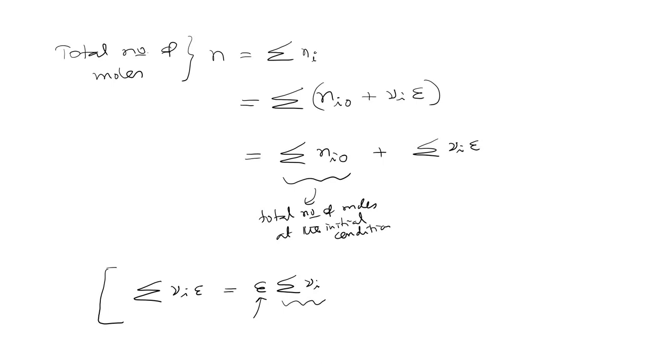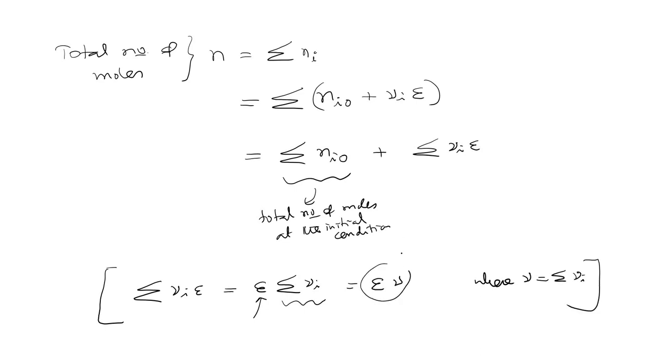It is the sum of the stoichiometric numbers of all the species present in the reaction. If you add all these, you will get another quantity. I am going to represent that quantity as nu, where nu is nothing but the summation of nu I.